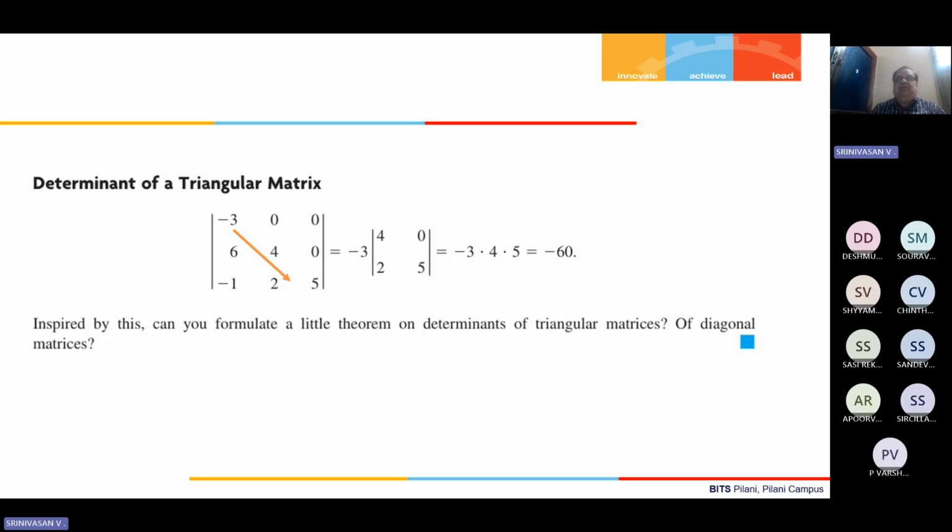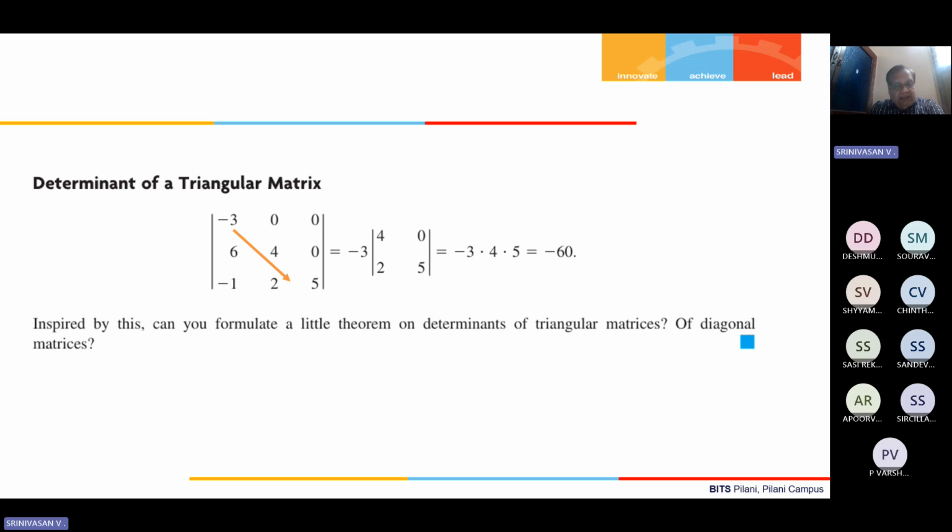I asked one question. What type of triangular matrix is this? Anyone? This was discussed in the very first session under the topic of matrices, especially about special matrices. Types of triangular matrices.